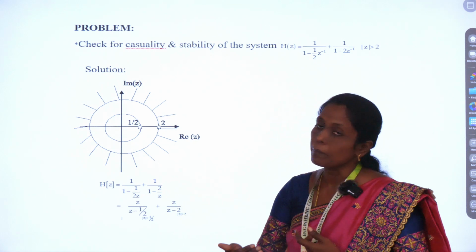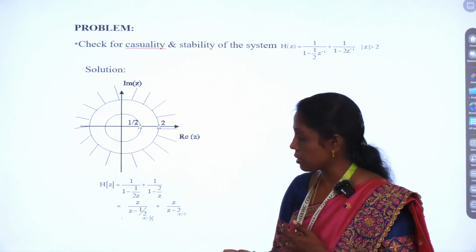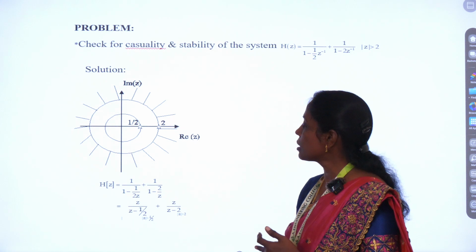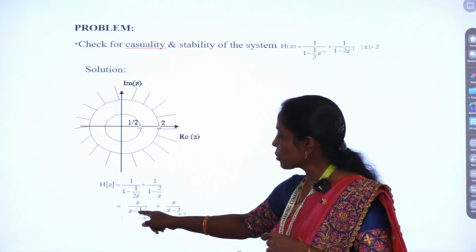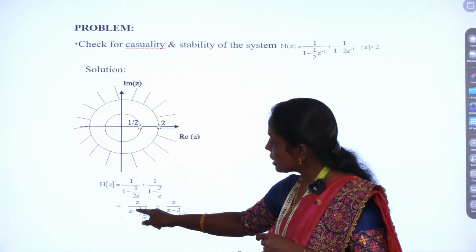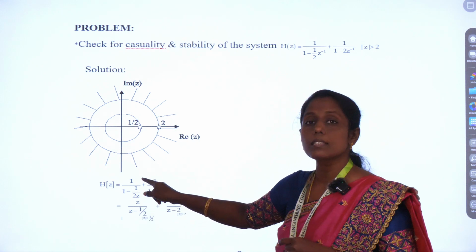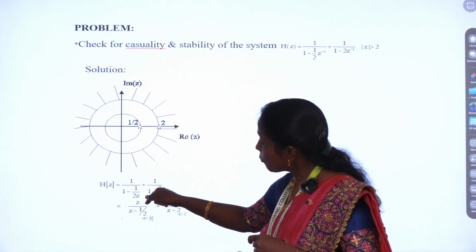Now the second step is to find the poles of the system function. How do we pick the poles? Let us take the denominator terms. The first term in the denominator is z minus 1 by 2. So what is the pole of this term?